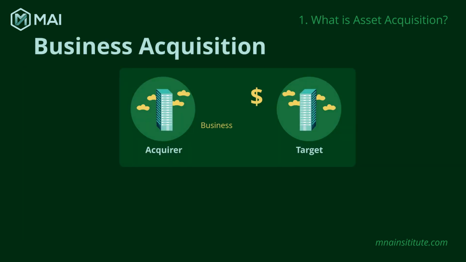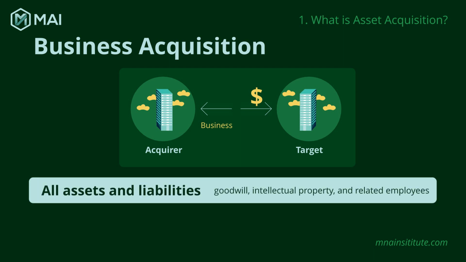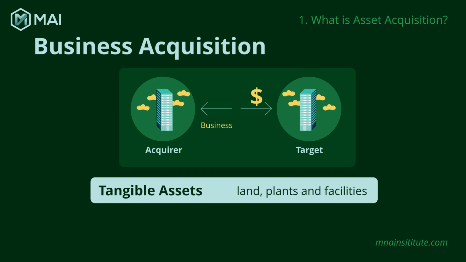In a business acquisition, the buyer acquires not only all assets of the business or division, but also their liabilities. When buyers purchase a business, they buy the assets and everything they need to do the business. That includes goodwill, intellectual property, and related employees, as well as tangible assets such as land, plants, and facilities.